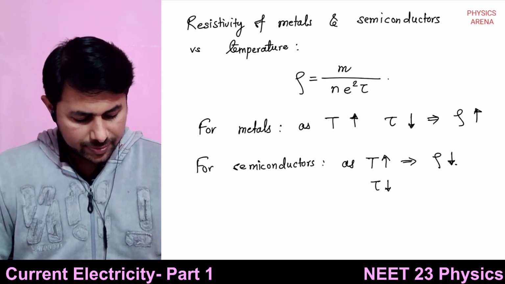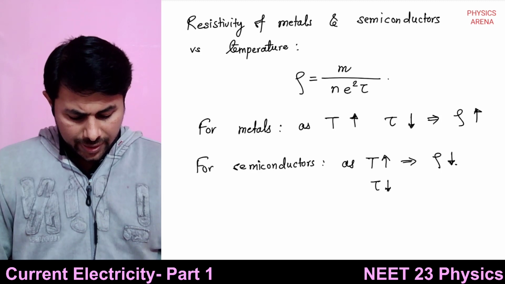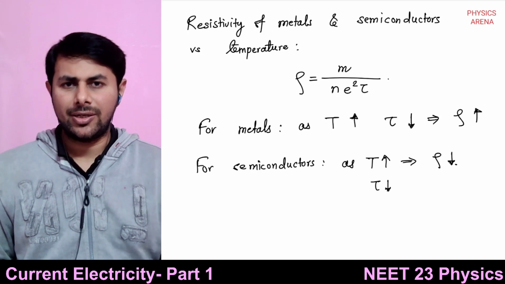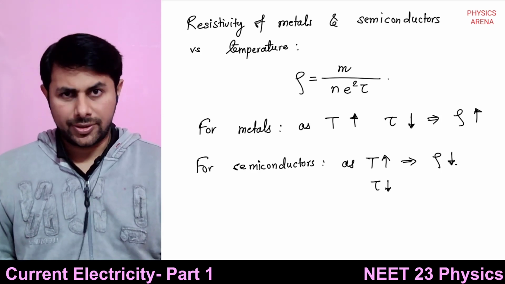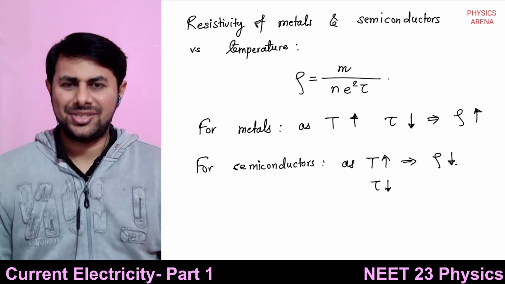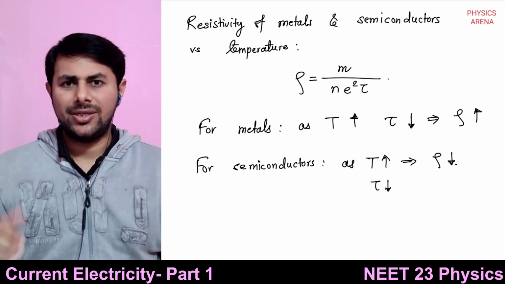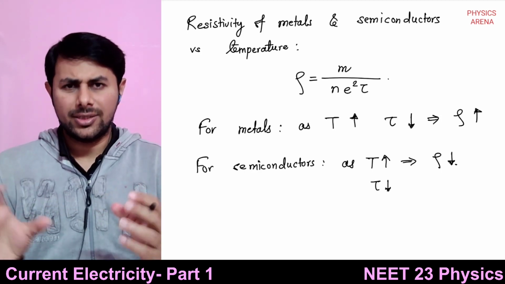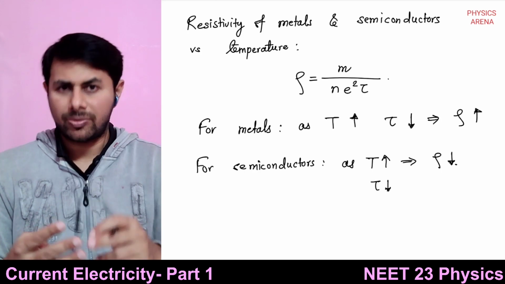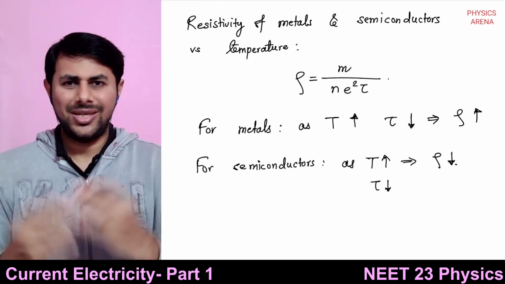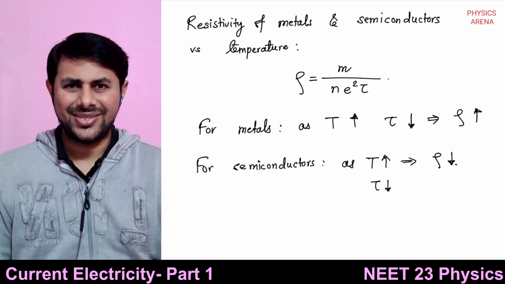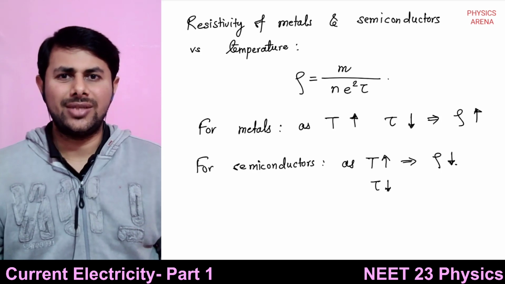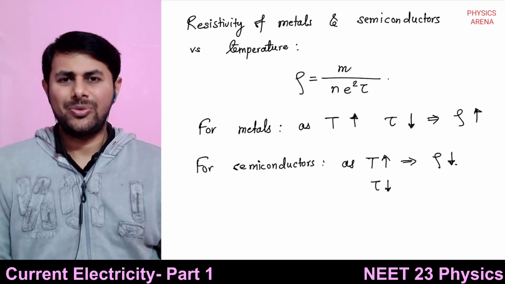So tau will decrease, but now the number of charge carriers, in case of semiconductors they are electrons and holes, which we will discuss in the semiconductors chapter. But even if you consider electrons, what will happen? Initially semiconductors have 4 electrons in their outermost orbit. They don't want to lose electrons, right? For them, losing electrons and gaining electrons is an equal thing.